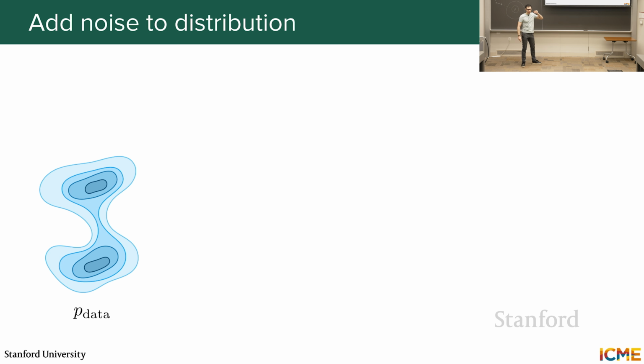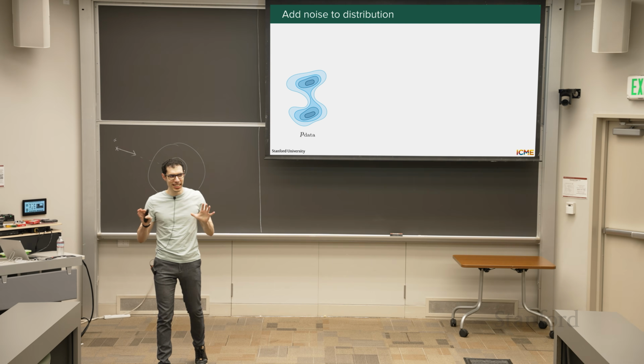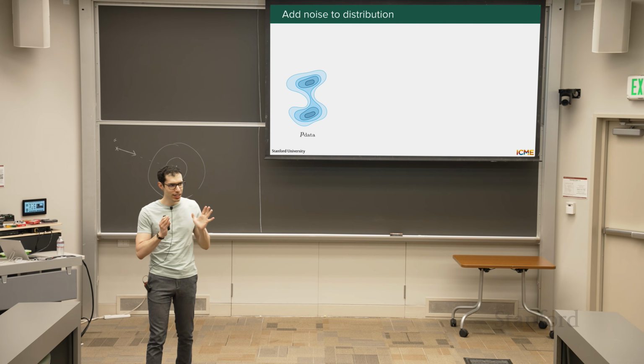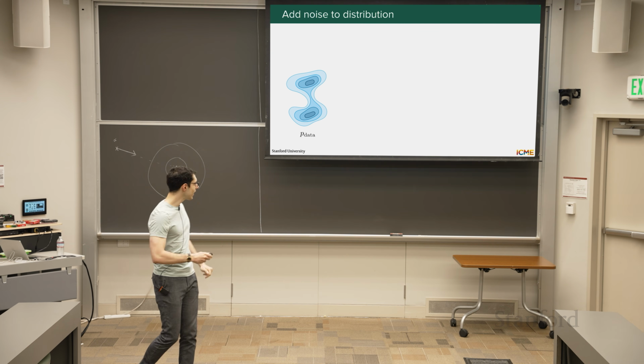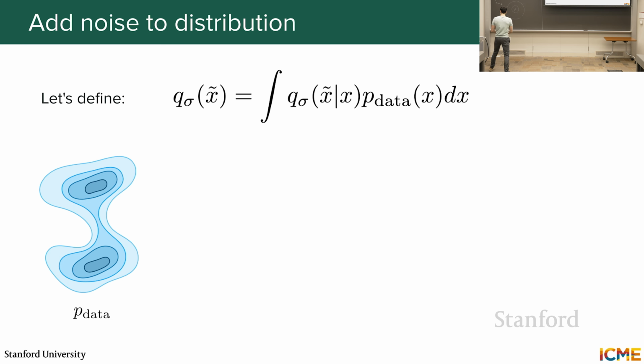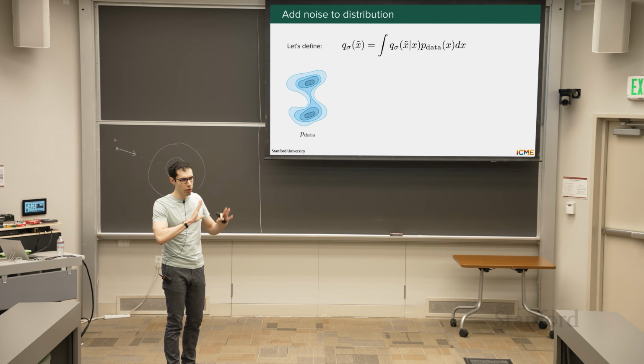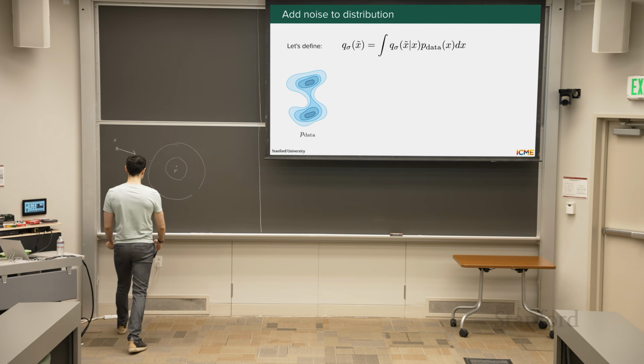The key idea here is to take that data distribution and noise it. For that, we're going to introduce q sigma of x tilde, which is this quantity, and I'm going to explain what that quantity is.